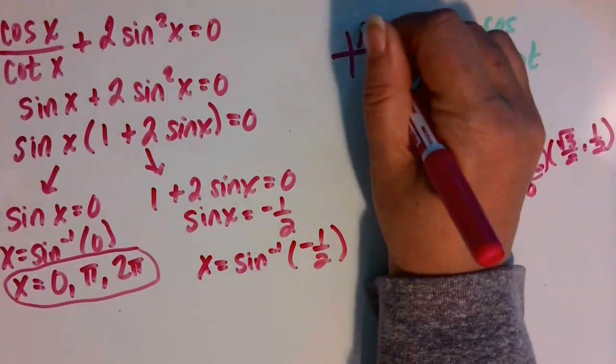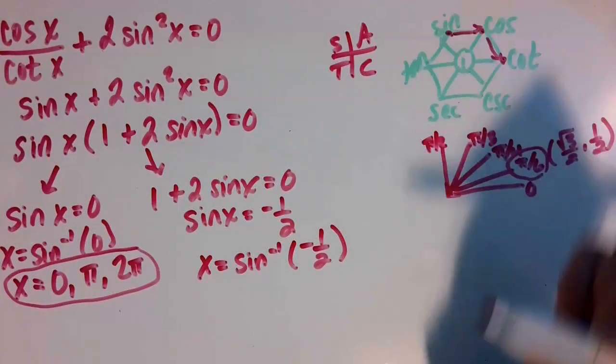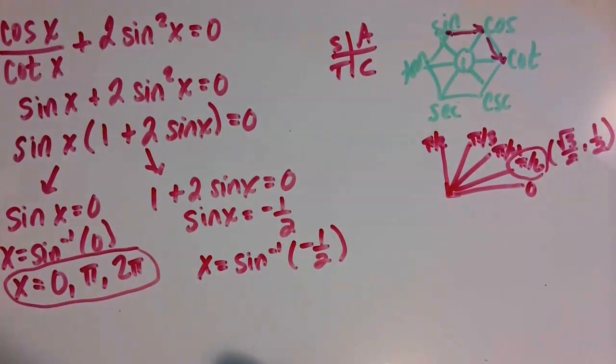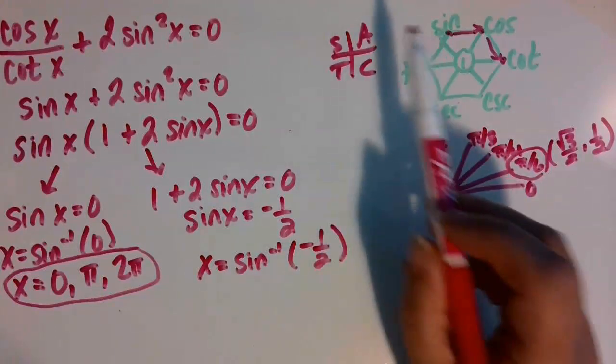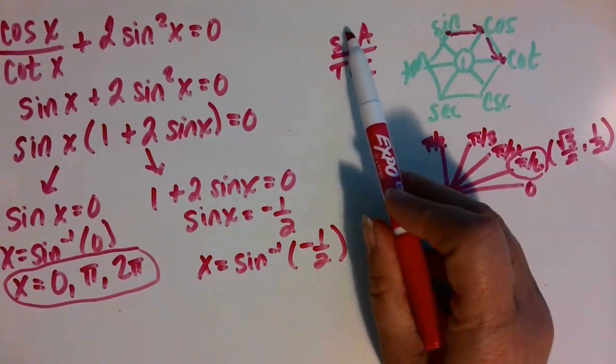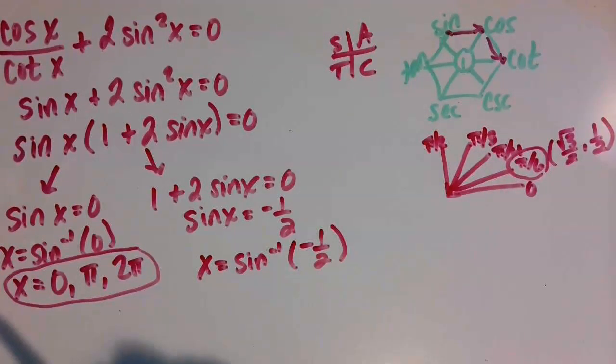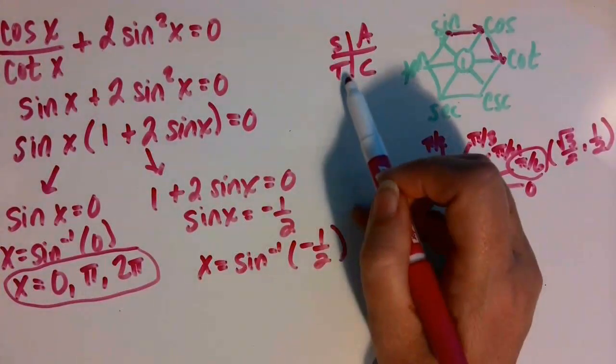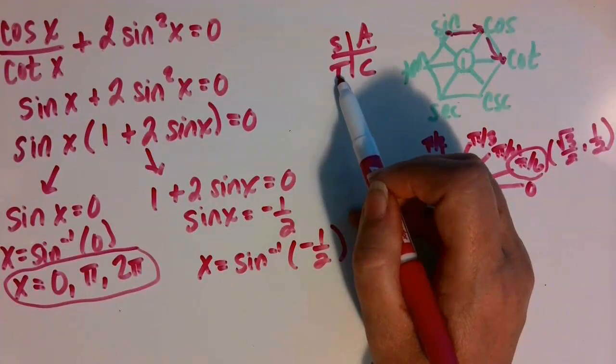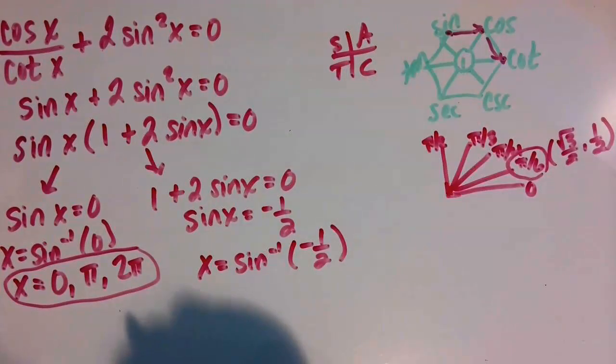So recall, all students take calculus. That's our acronym for where trig functions are positive on the unit circle. And sine is positive in quadrant 2, right, as well as quadrant 1, where all of them are positive. So now we know our solutions are going to come from quadrant 3 and quadrant 4.